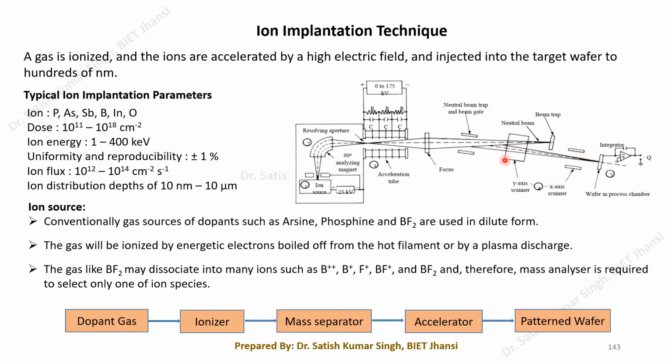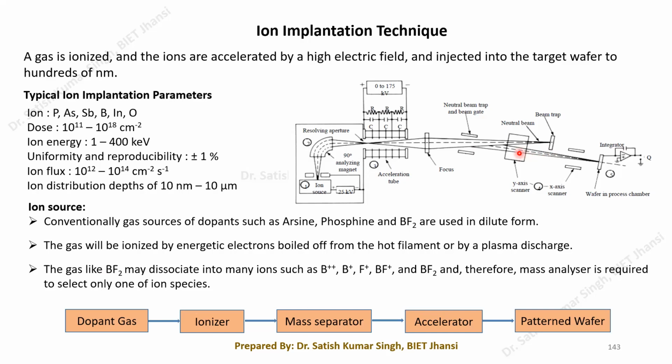These scanners are required so that the neutral beam goes in this particular direction and is trapped by a neutral beam trapper, but the charged ions will be deflected into a different path.